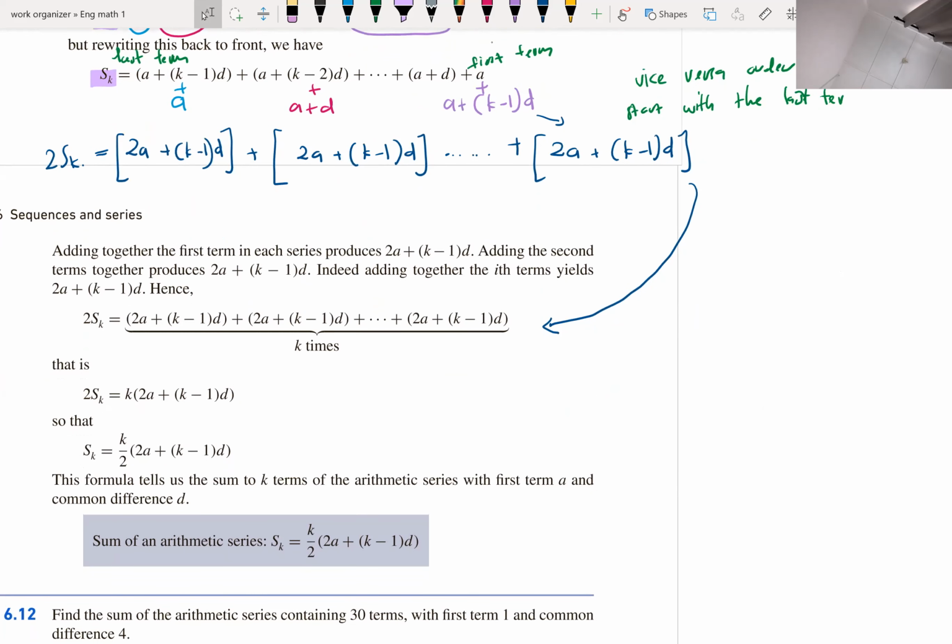Let's say the sequence has many terms, let's say until 100 terms. So we can use this formula.